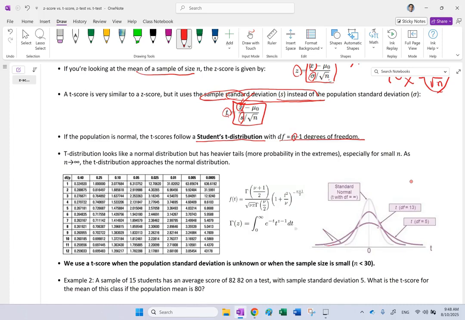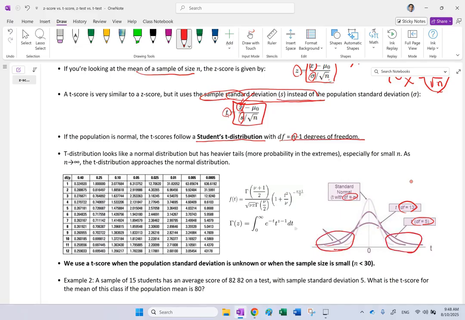This one that is a little bit sharper is for t of 13. And as degrees of freedom gets bigger and bigger, ultimately they are going to be as sharp as a normal distribution. So your t distribution in the limit, when you have an infinite number of data in your sample, ultimately becomes a normal distribution. But you see that the tails are heavier.